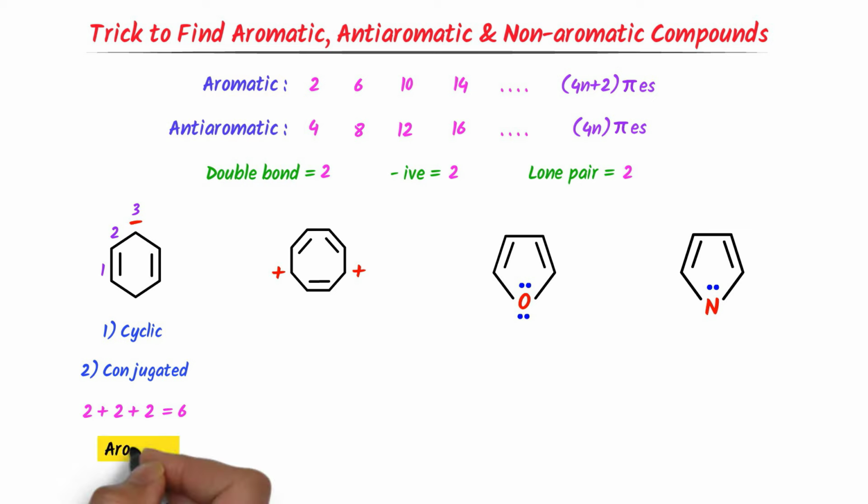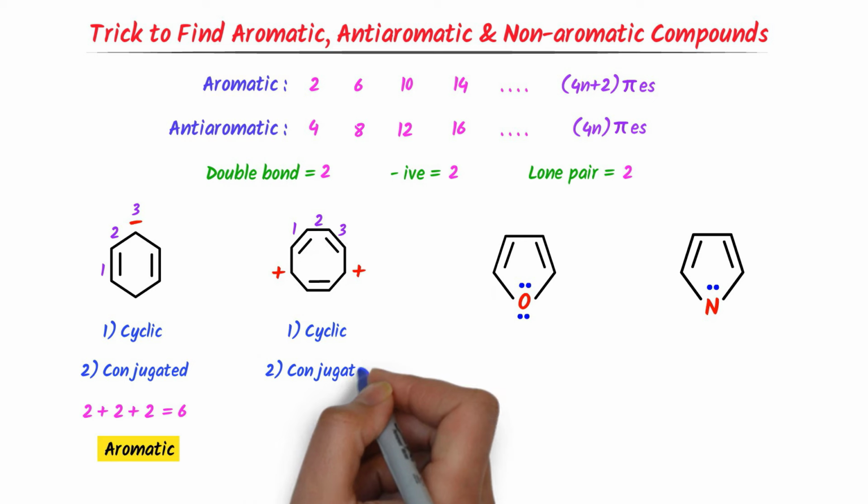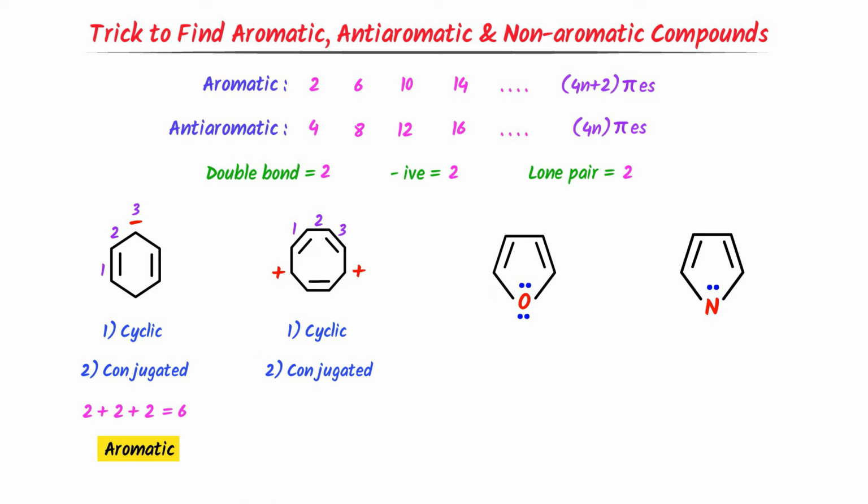So this is an aromatic compound. In case of this organic compound, we can see that this is a cyclic organic compound and it is also conjugated. There are 3 double bonds. I write 2 plus 2 plus 2 is equal to 6 electrons. So this organic compound is an aromatic compound.